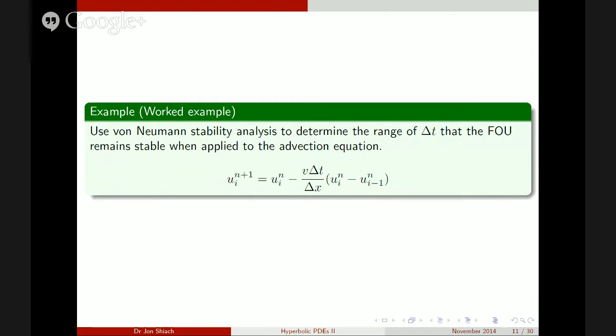So we're going to conduct a von Neumann stability analysis to see what value of delta t this is stable for. So step one, first thing we do is we replace your u values with those Fourier modes.